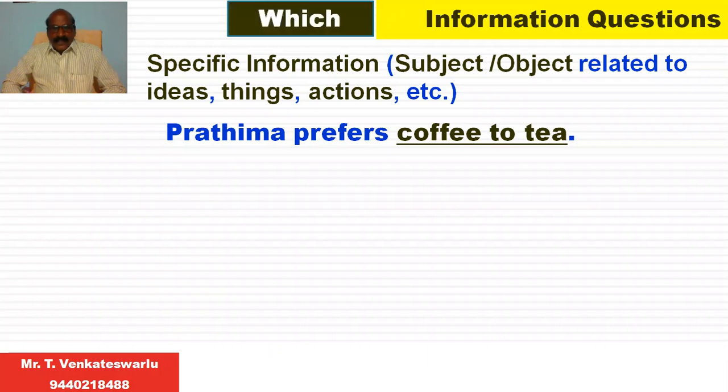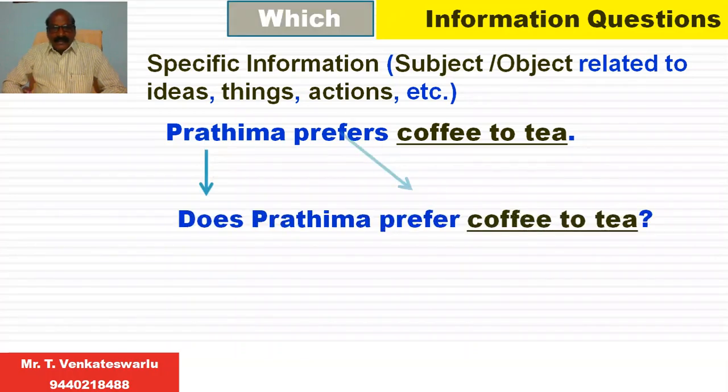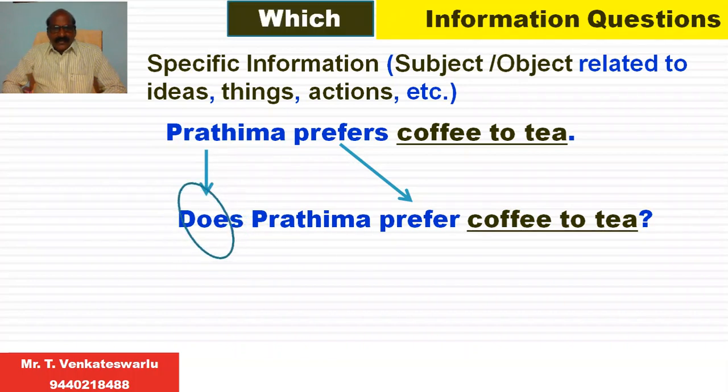First, let us change it into a yes or no type question. When the verb contains s, we have to use does at the beginning, and that s in the main verb is deleted so that we get the yes or no type question. Does Pratima prefer coffee to tea?